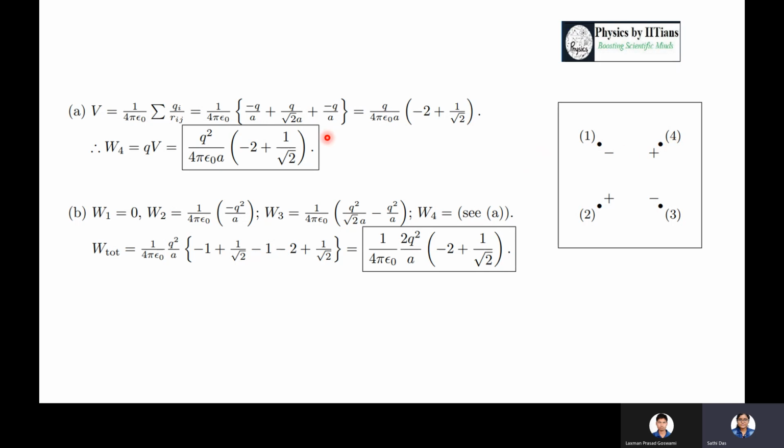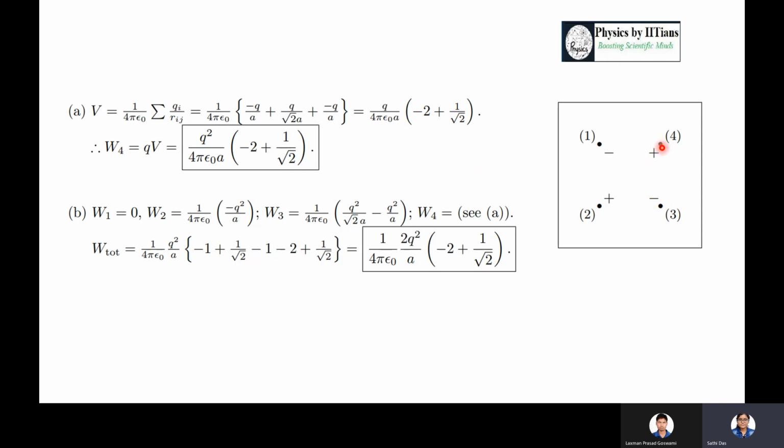Okay. So for this one, the potential is minus Q by A. Oh, sorry. Actually, for this charge, we have to take the other charges into account, because whenever we are taking this charge, we have to take care of the charge at position 1, the charge at position 2, and the charge at position 3.